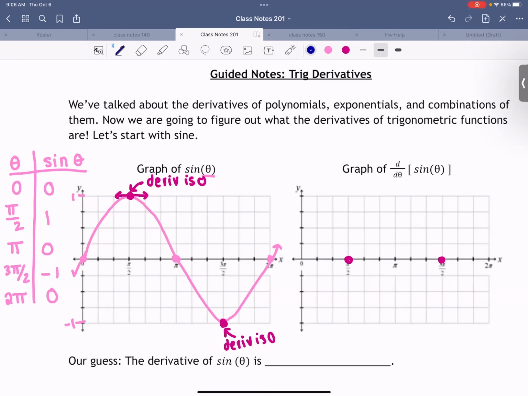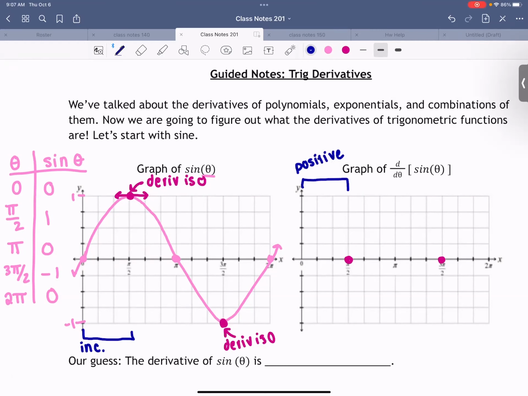And we said that translated into a graph being increasing, decreasing, or constant, right? So between 0 and pi over 2, the graph is increasing, right? So what does that mean about the derivative? That's positive, right? So from here to here, this derivative is going to be positive.